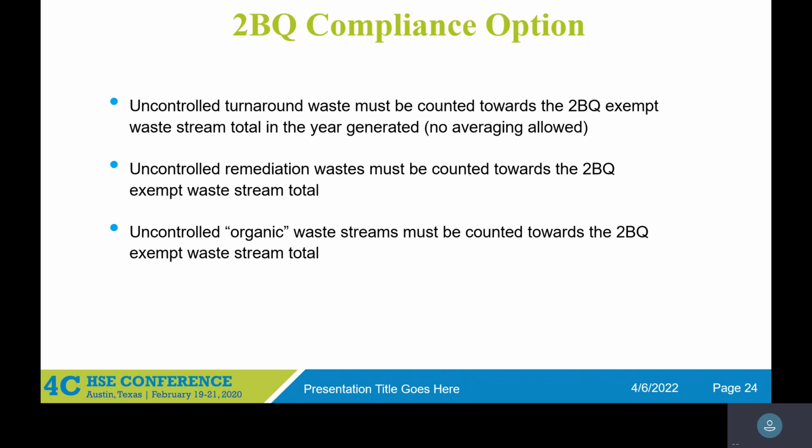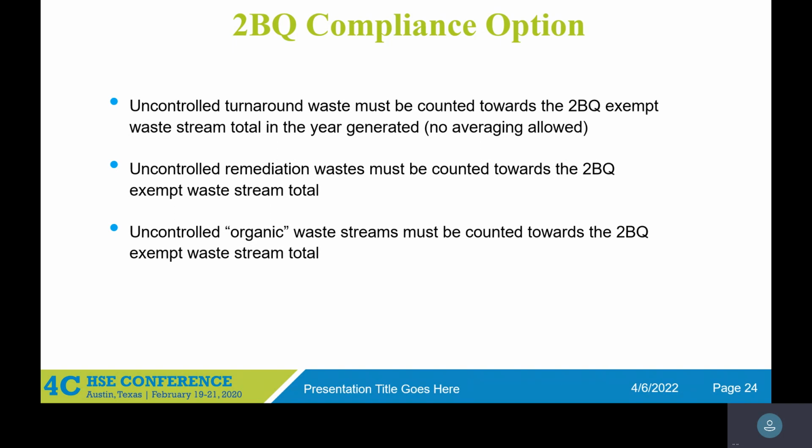Does that make sense? Yeah, you have to count it towards your 2BQ layer. If it is a waste and it is organic, you have to count it, whether or not it can mingle with water, because this is just all waste streams.